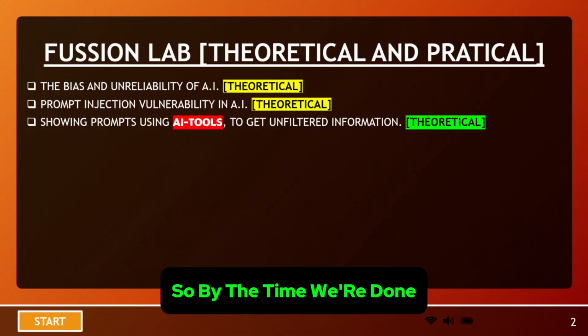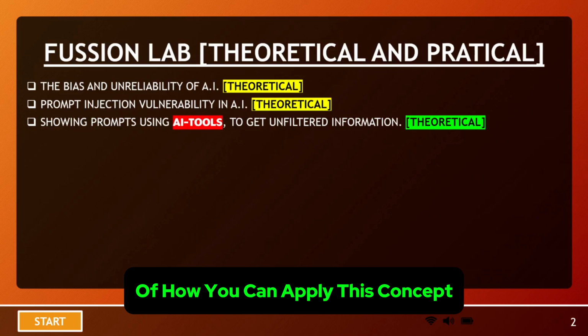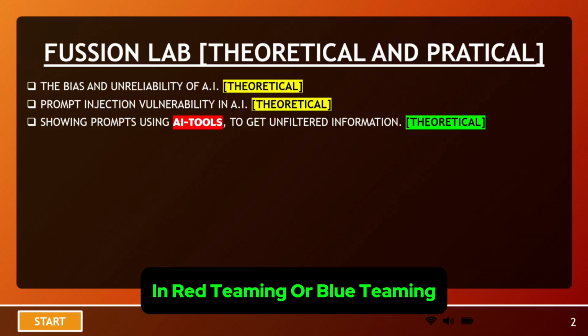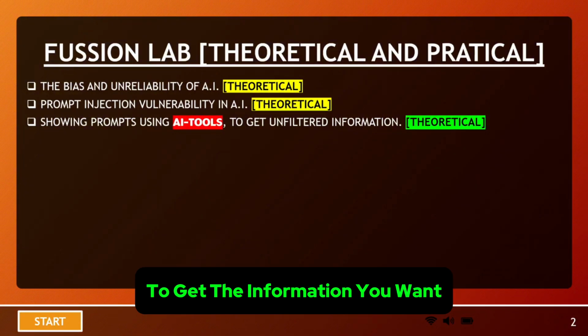So by the time we're done, you can understand the whole concept and ideology of how you can apply this concept in red teaming or blue teaming or any other aspect of cybersecurity to get the information you want.